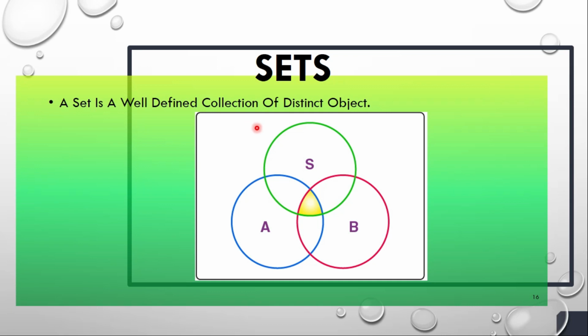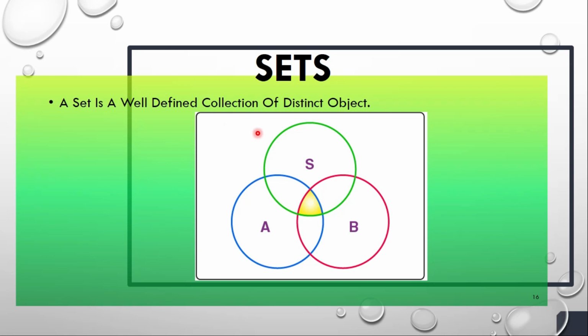Some sets are ordered, like numbers 1, 2, 3, 4, and some are not ordered. For example, if you consider cities, or countries like India, Pakistan, Bangladesh, China, they are not ordered. Numbers, 1, 2, 3, 4, are ordered, right?